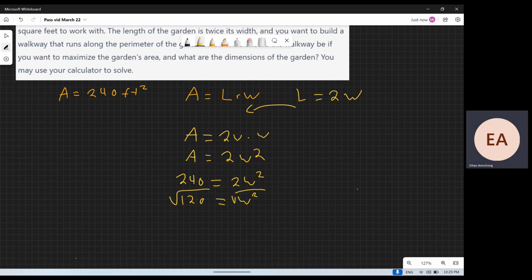If you wanted to, you could set that equal to 0 and use your calculator on the quadratic mode, but I don't believe it's necessary in this situation. So the square root of 120 is approximately 10.96. Just for easy math, we'll just say that's 11.